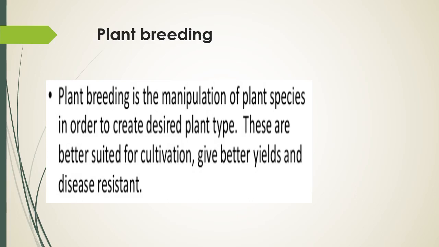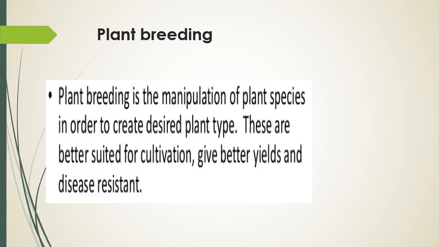And of course we have to aim at the yield, the production, and disease resistant varieties. One more thing you can say is tolerance to physical conditions, like if the temperature increases or decreases, the plant has to resist these conditions. So for these purposes we are doing the plant breeding technique. We are manipulating the plant species so that we get the desired qualities in the plant.